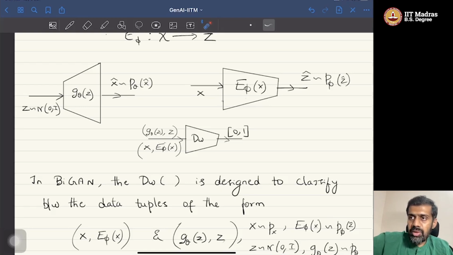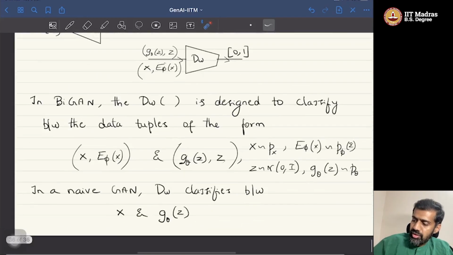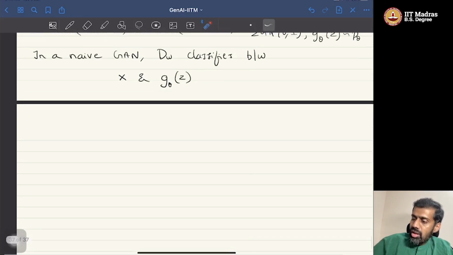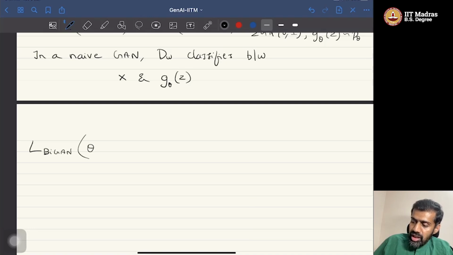That's the idea. So let us write down the objective function used here in BiGAN. We have an objective function L_BiGAN. This contains three sets of parameters: the generator parameters, the discriminator parameters, and the encoder parameters.